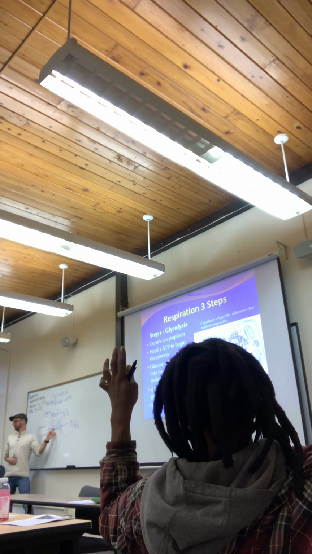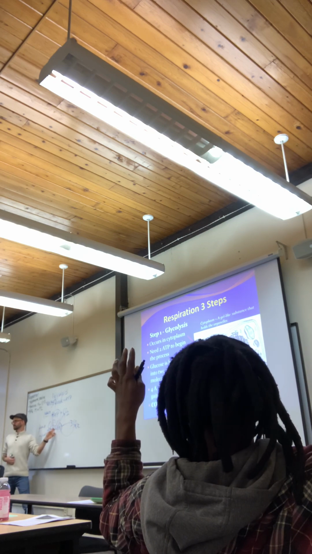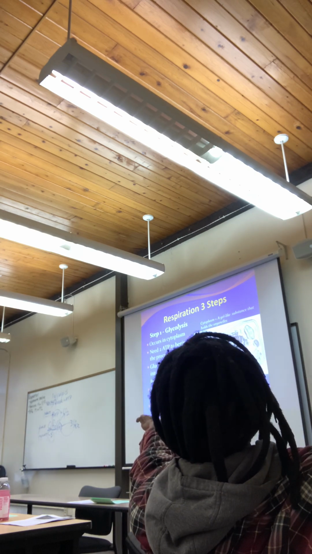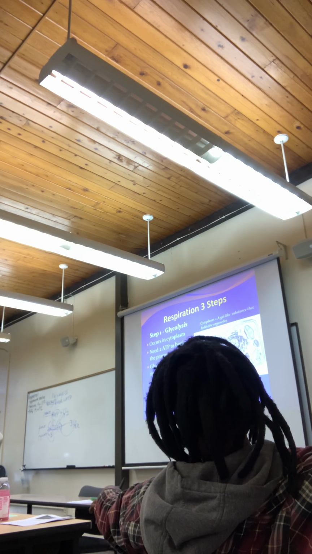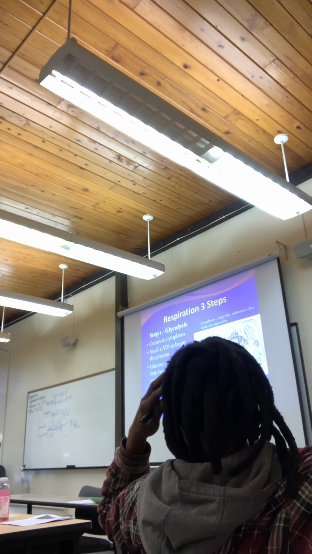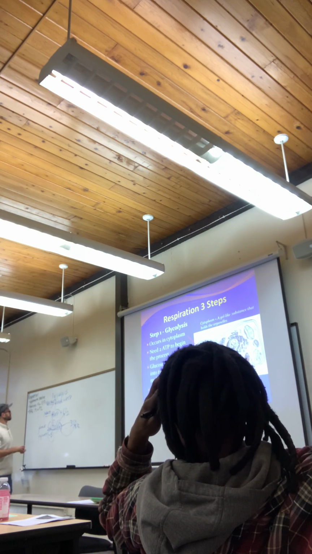Some of these hydrogens will become water. So the 3 CO2s over here, that's the actual ATP? No, that's carbon dioxide. ATP is its own energy unit, so that's not really quantified here because it's the energy.